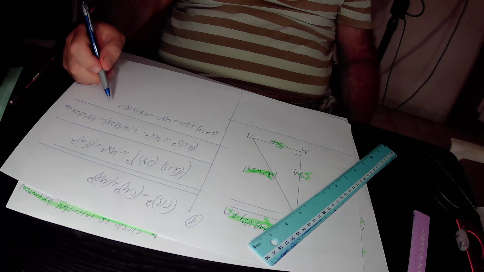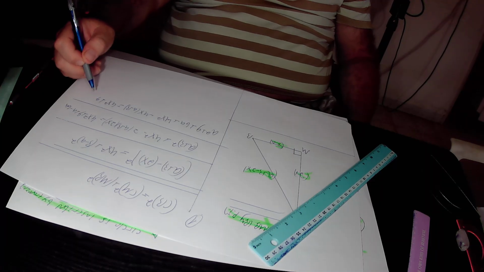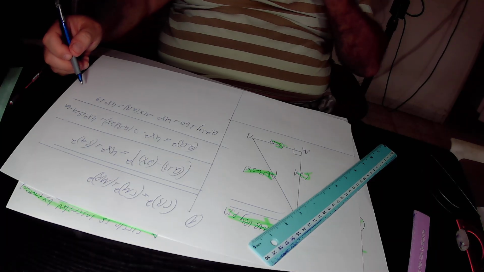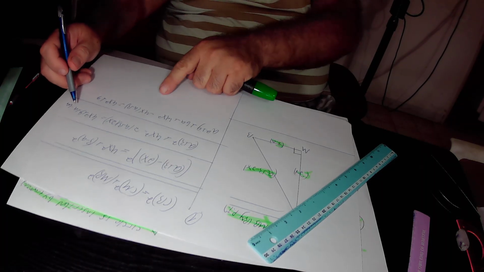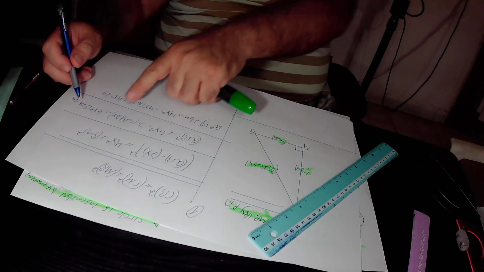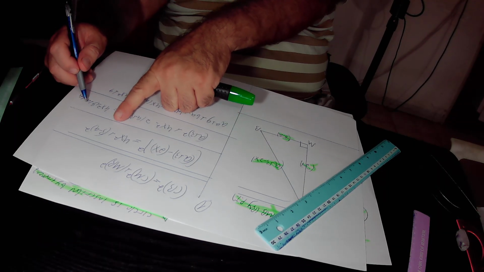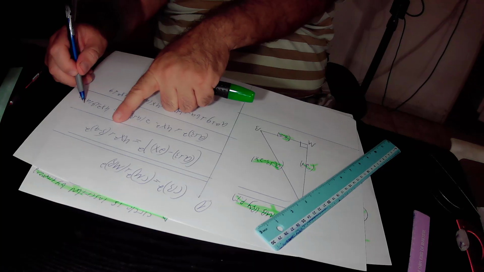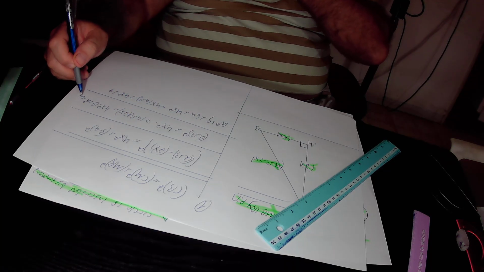So we have 4x squared plus 9 plus a squared minus 6a on the other side. (3 minus a) squared is 9 plus a squared minus 6a.